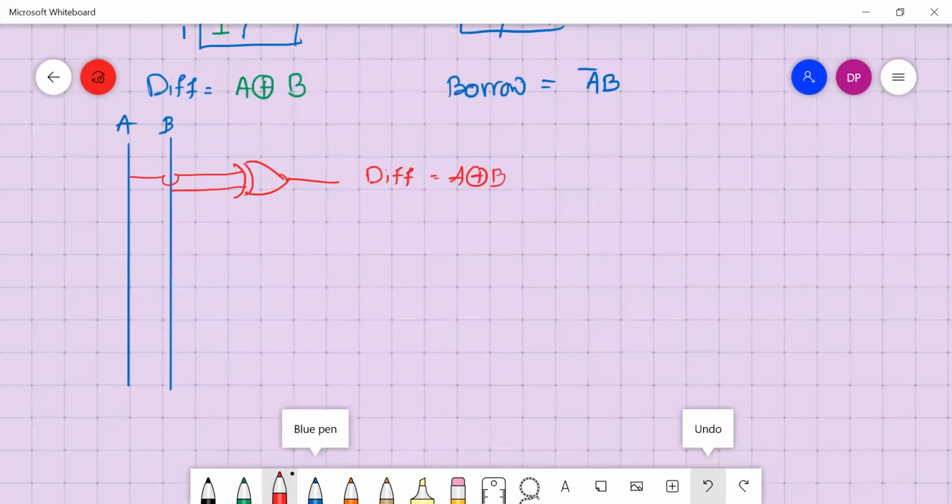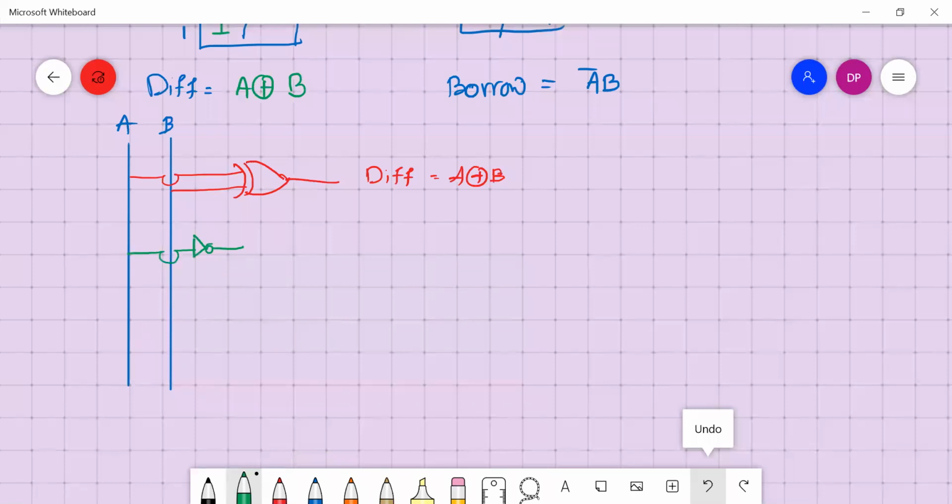Similarly, for the borrow term, what we can do? This is A XOR B. For borrow, this is A complement B. You require A complement. So what we will do, we'll take this A, take a NOT gate.